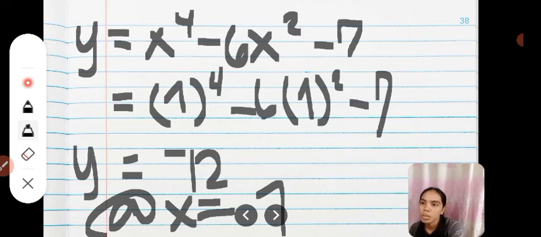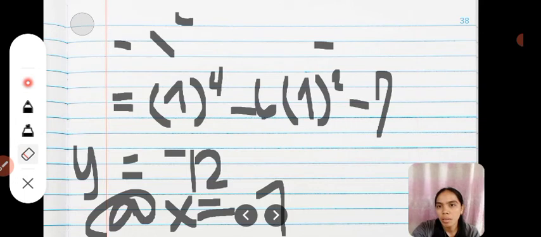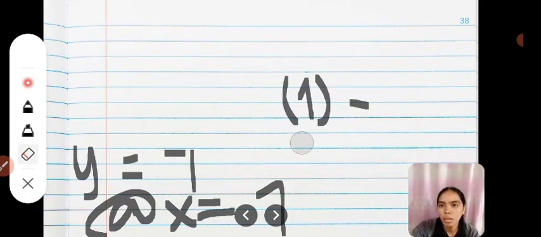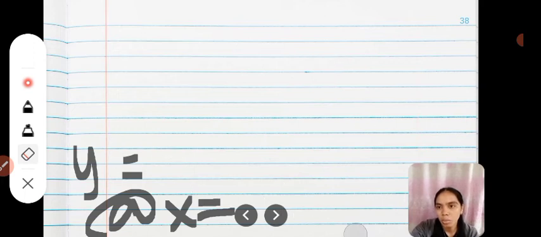The next we will find the other value of y by substituting the value of the other x, which is negative 1.